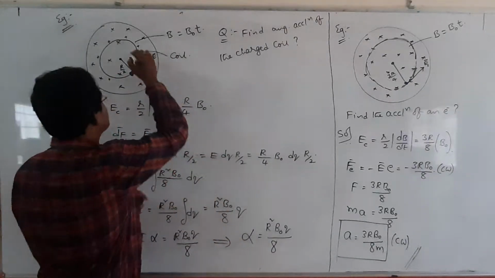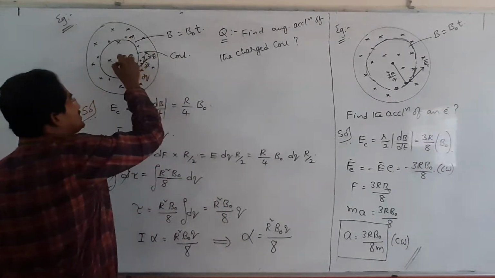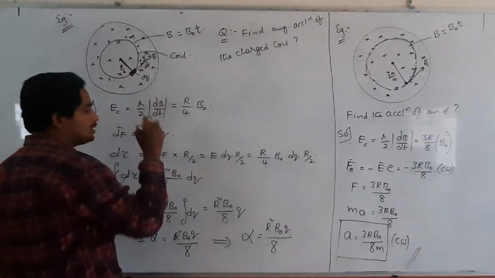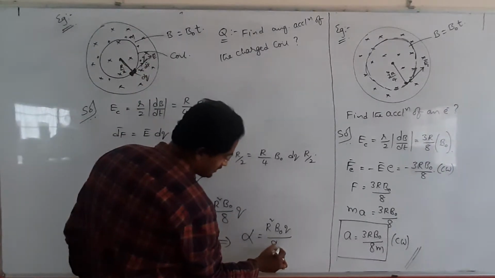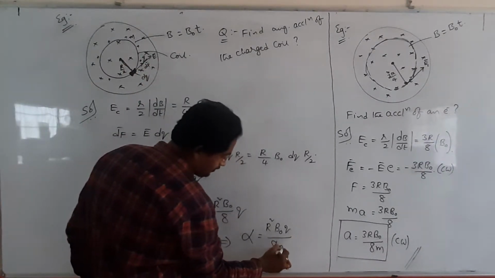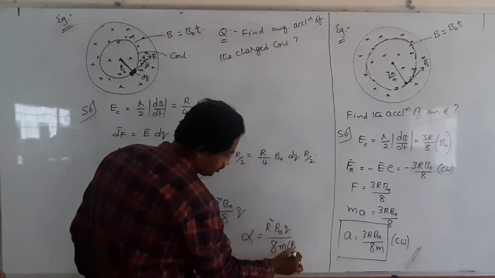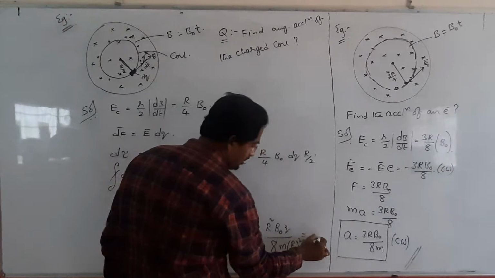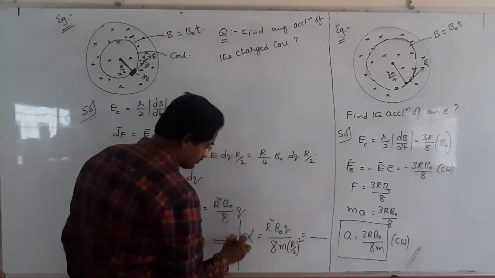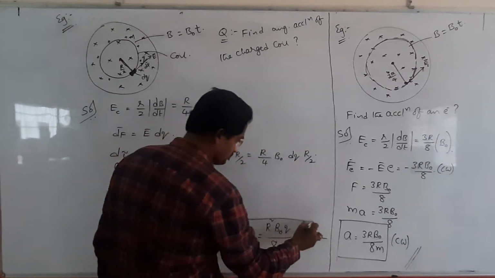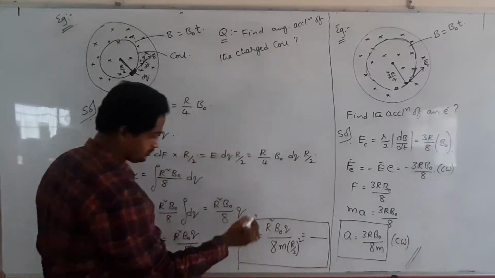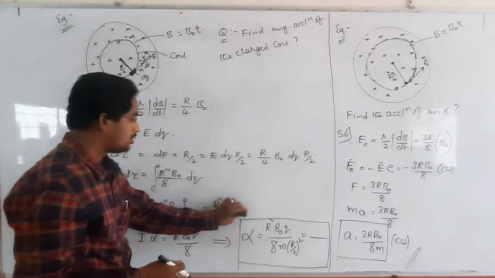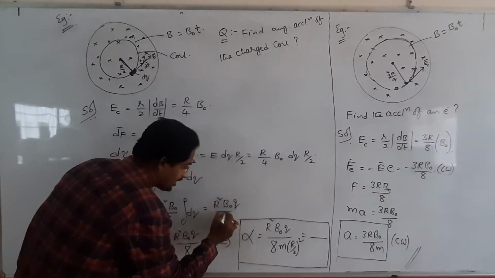If its mass is m and radius is r by 2, then we write the I value as m into r by 2 whole square. If you solve that, we can get the answer. So this is the alpha value.